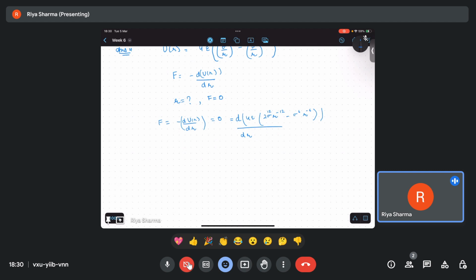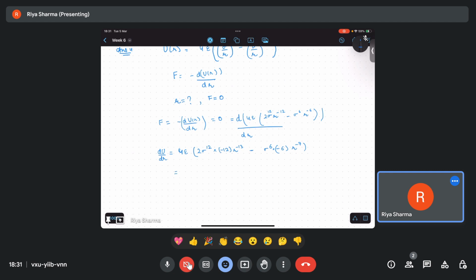So du by dr, if I do 4 epsilon, I'll put it here itself. This will become minus 12 into r to the power minus 13, minus sigma 6 is already there, into minus 6 r to the power minus 7, right?